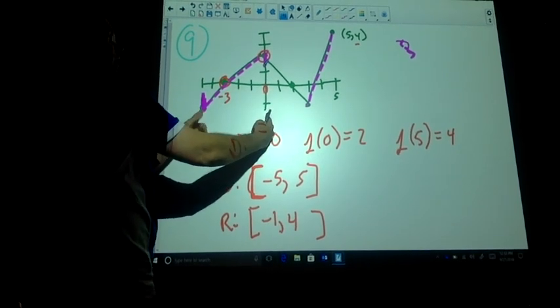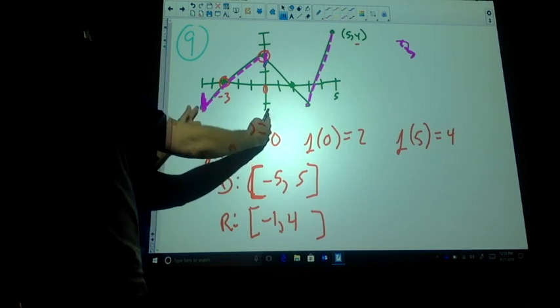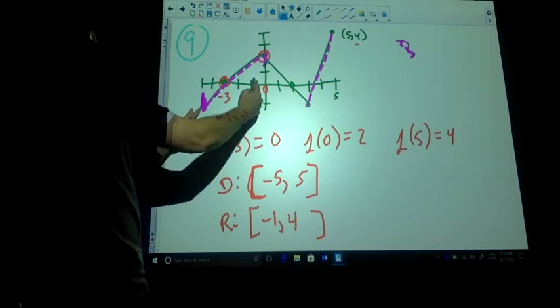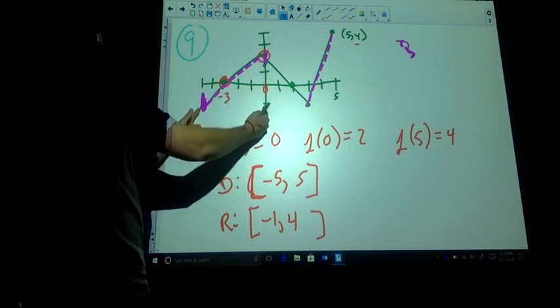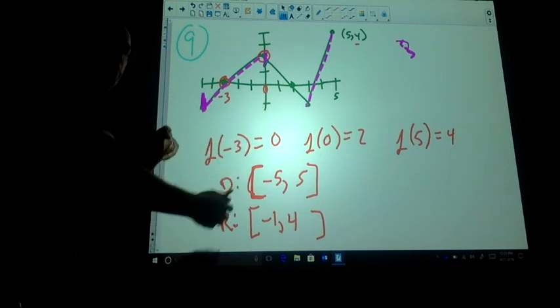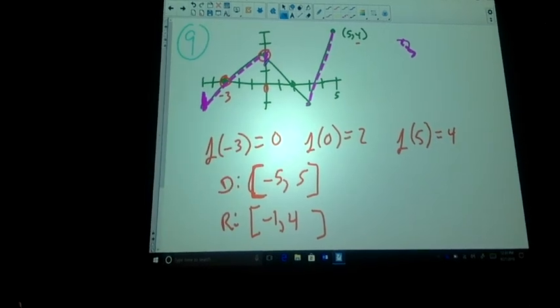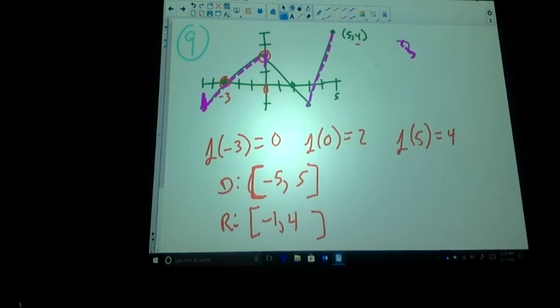So what's this x value here? -1, 2, 3, 4, 5. That's -5 all the way to this x value. 0. So it's increasing from -5 all the way to 1. And I'd probably do rounded brackets there.